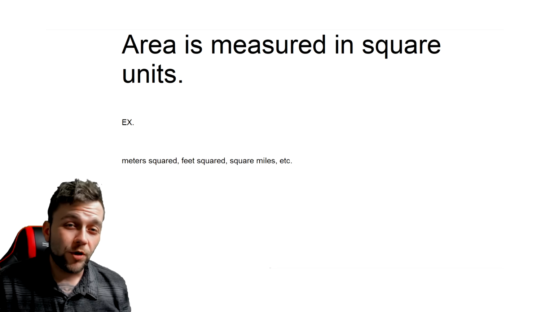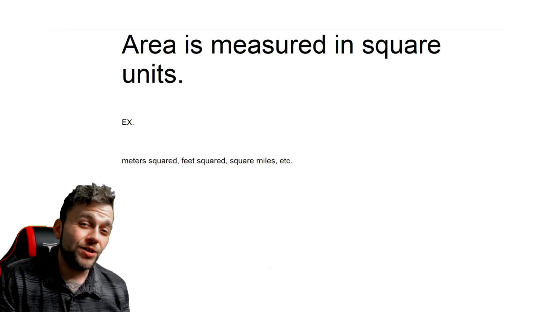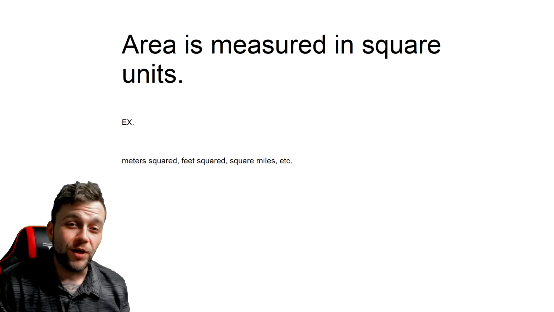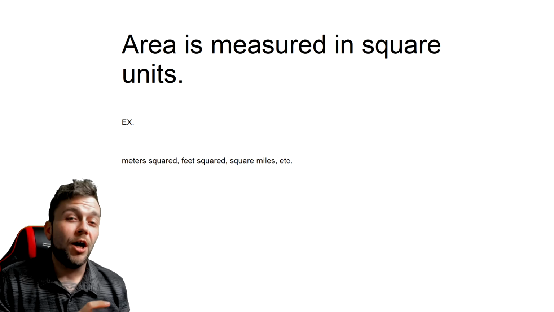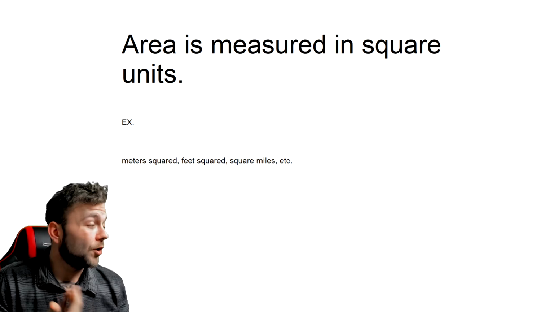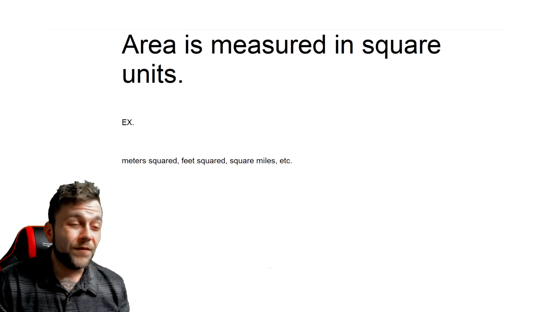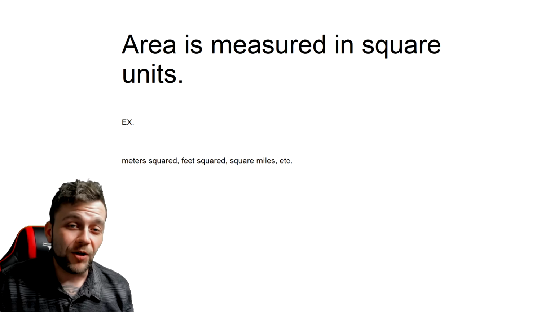Another very important aspect of area is the units of measurement. You always want to make sure you check your units of measurement on the GED, because the questions and answers might have different units. It's an easy way to eliminate some of the possible answers. The common units of measurement for area are meters squared, feet squared, square miles, and square kilometers, right?